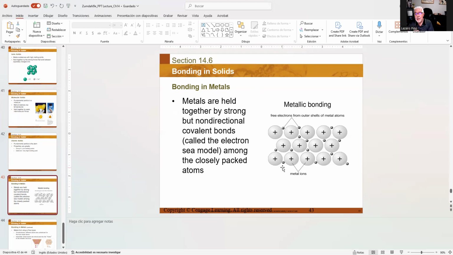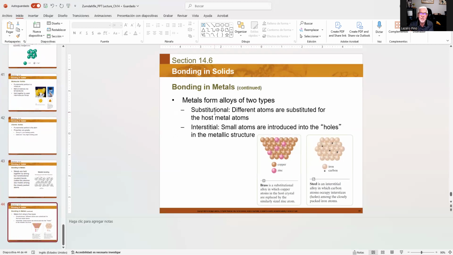This structure is very important because these free electrons in the cloud can conduct electricity and heat. That's why the metallic bond has special properties.